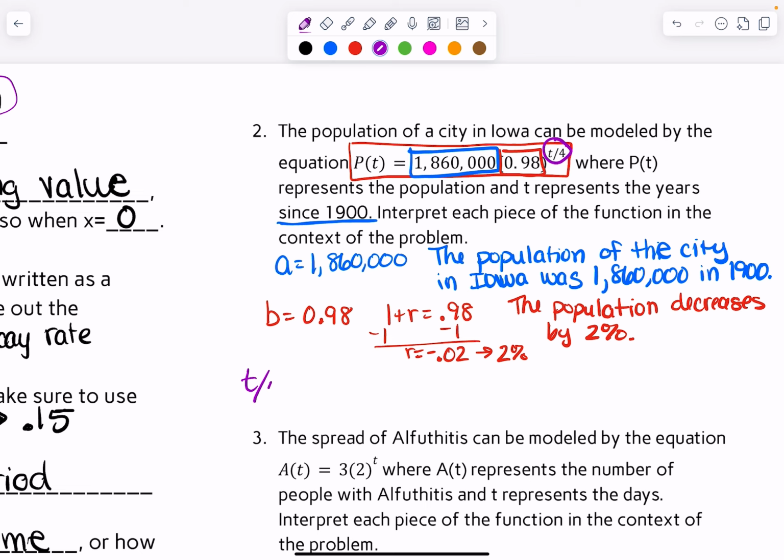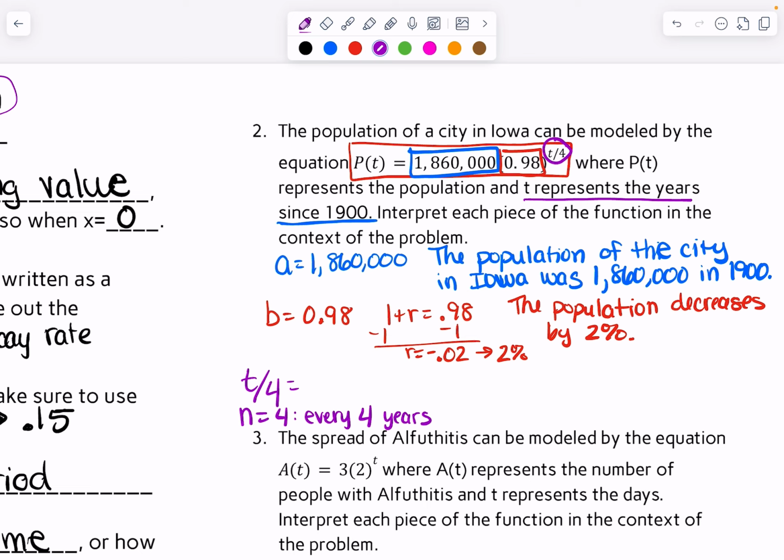And then I have this t over 4. So what does that t over 4 mean? Well, I know that t represents the years since 1900, and that 4 is the interval of time. So n is 4, and that means every 4 years. That's what the interval of time means.